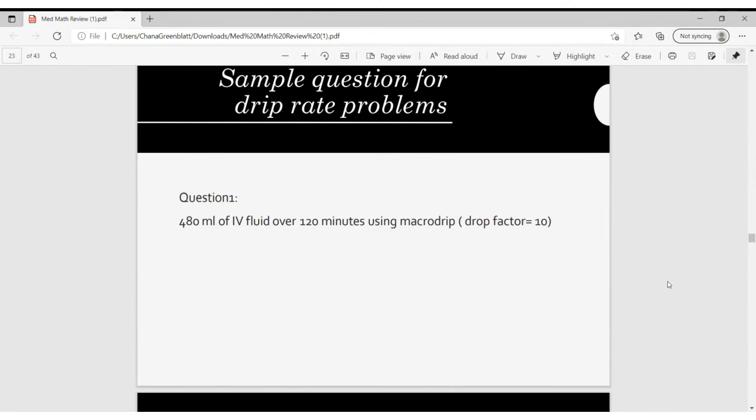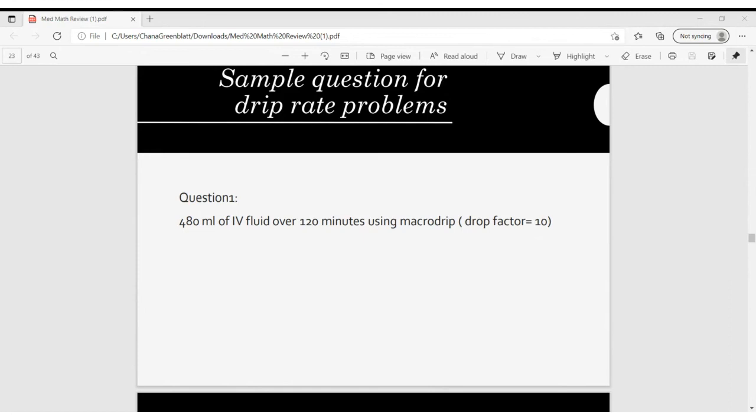And if you go back to the chart, which I don't know if you guys have access to, but I will try to share that as well, macro drip is not just one number, it has options.